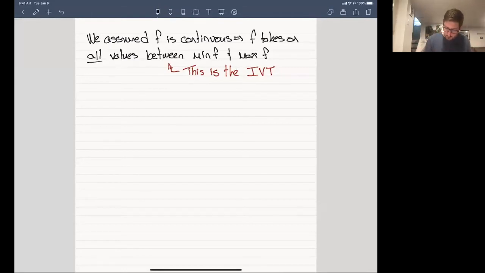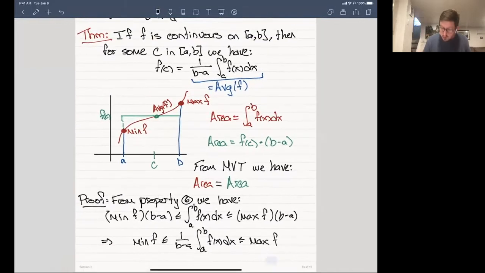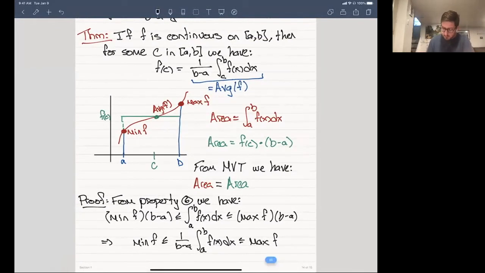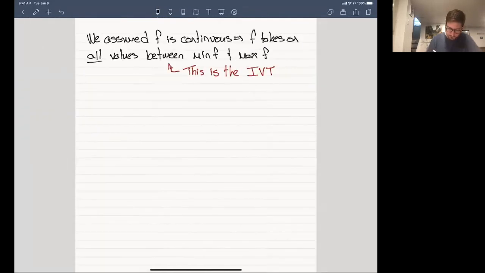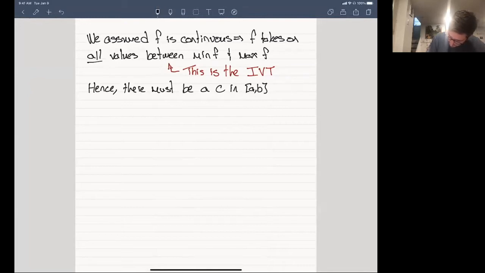But let me scroll back for a second. What's in between the minimum and the maximum of f? Well, the average is in between. So hence there must be a c in the interval a to b such that when you plug c into f, it is equal to exactly the average of the function f.